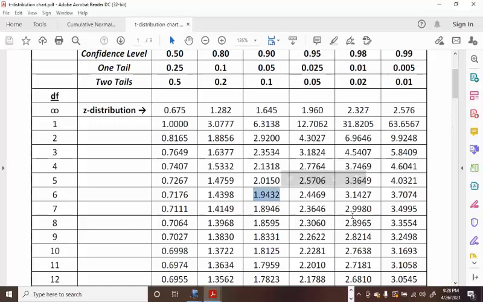I like that one. So I'm going to go negative 1.943.